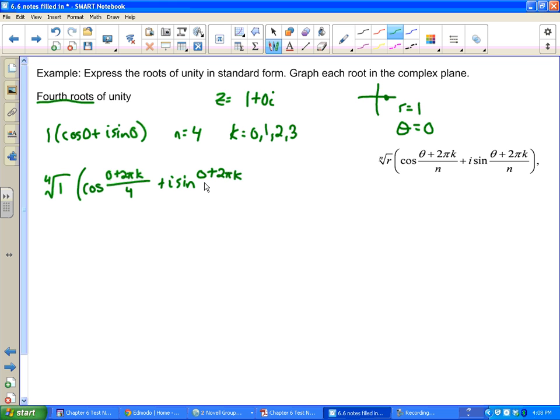If we simplify our angle, 0 plus 2 pi k is just 2 pi k. 2 pi k over 4 is pi k over 2, because basically I said ignore the 0, since 0 plus doesn't matter, and 2 over 4 I can simplify into 1/2. So I got pi k over 2.